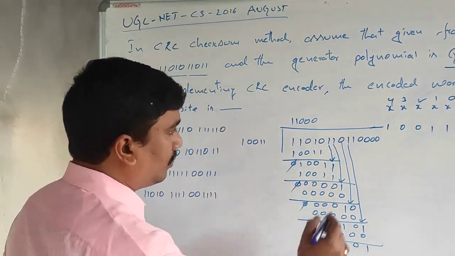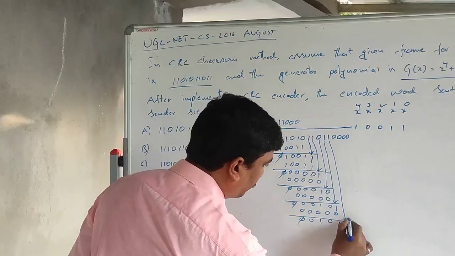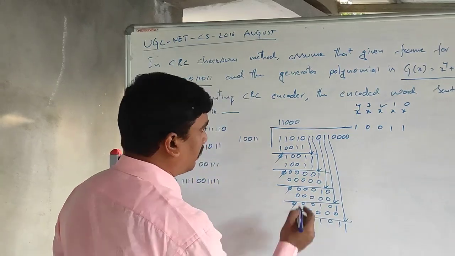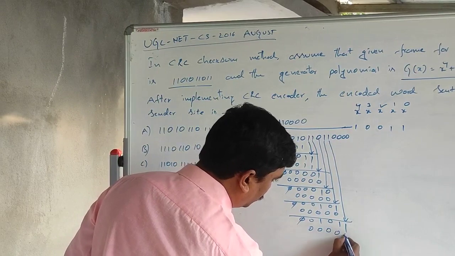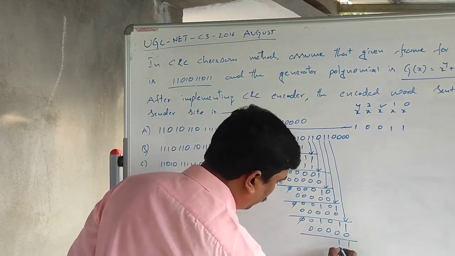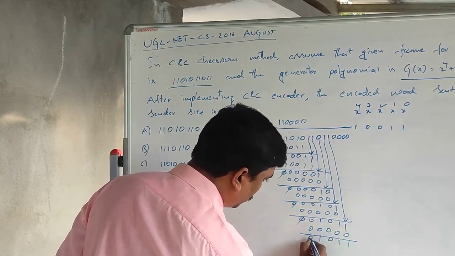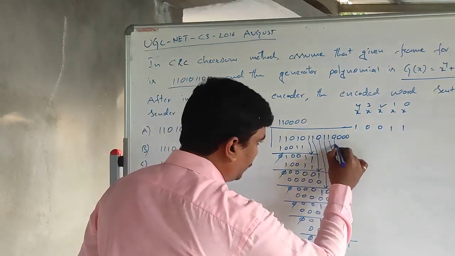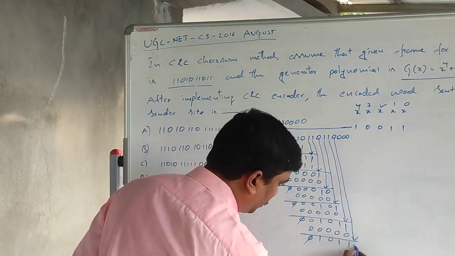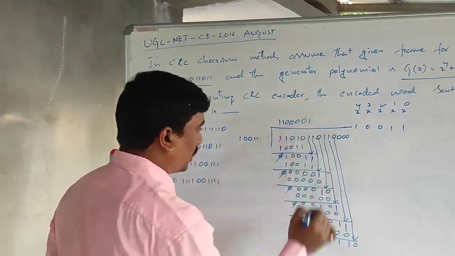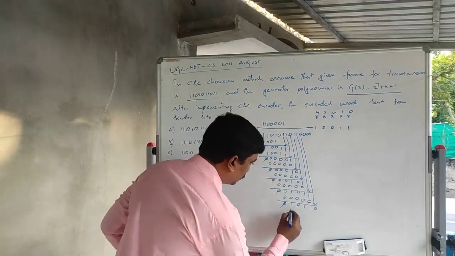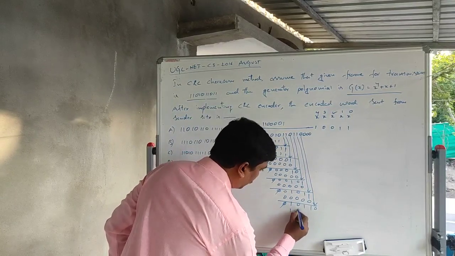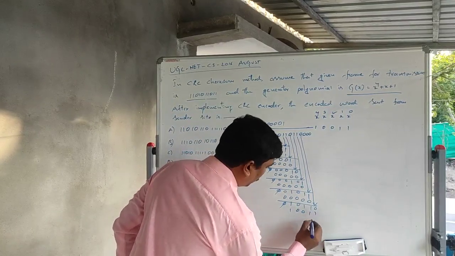Cancel the leftmost bit and put it down 1 bit here, that bit should be 1, and 0 time. 0 0 0 0 0, right? 1 1 0 1 0. Cancel the leftmost bit and put it down 1 more bit, that is 0, and 1 time, because the leftmost bit is 1, that is why we will consider the 1 time. So 1 0 0 11, right?